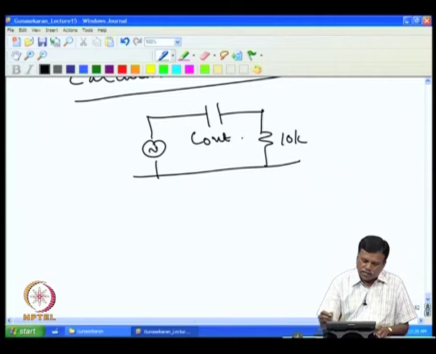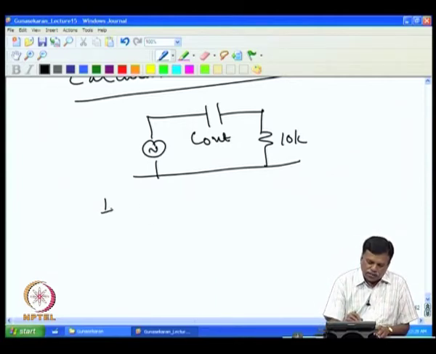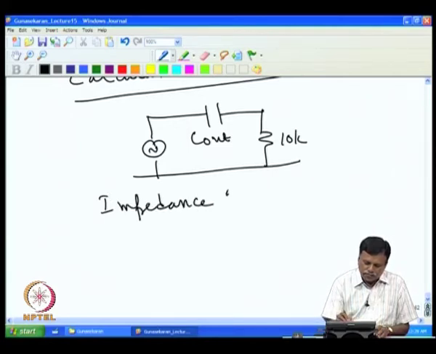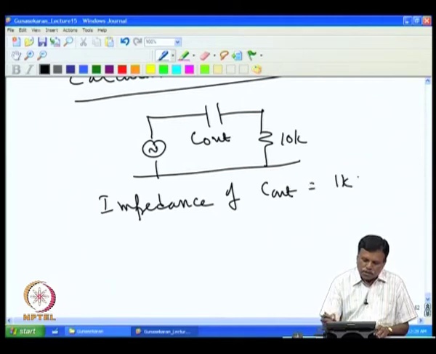So, I will put it as 1 K. So, the impedance of the C out would be 1 K, so that 1 by C omega comes to be roughly 10 power 3.